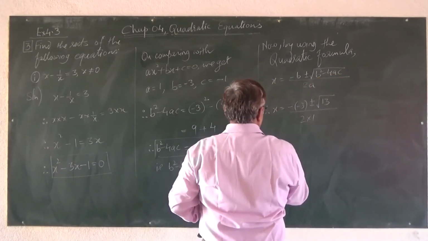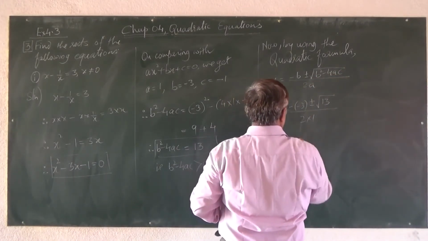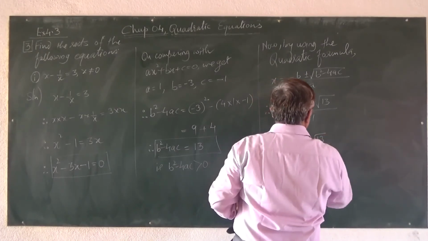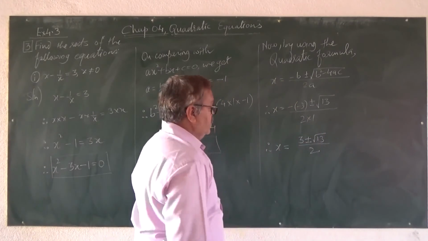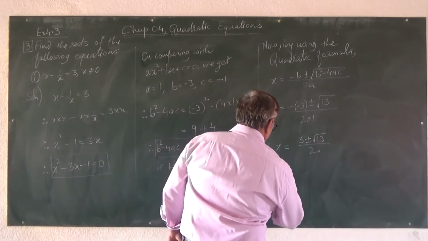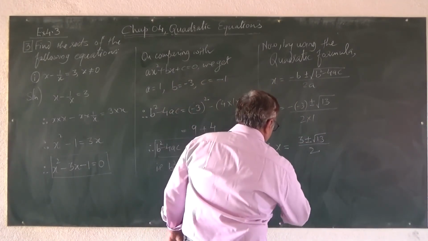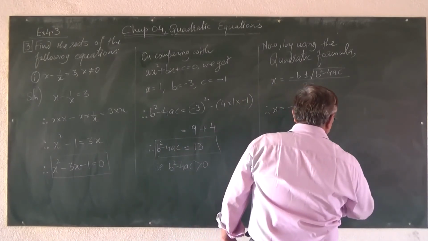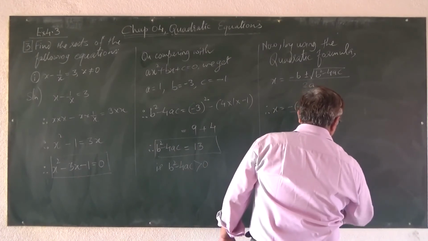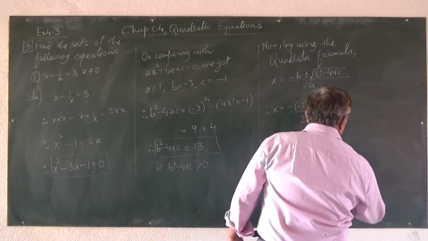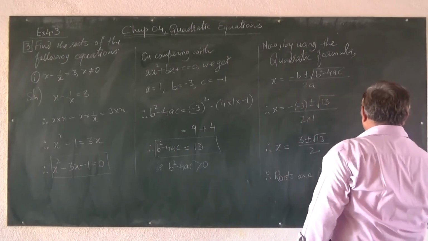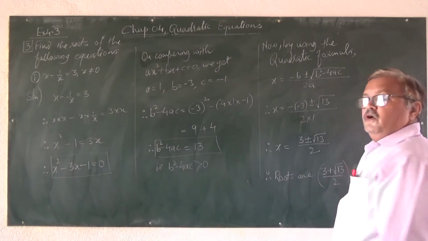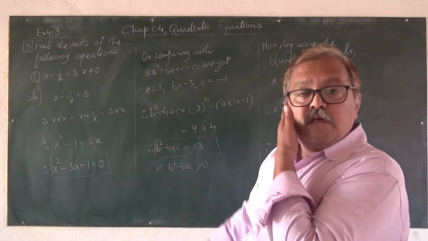Simplify: x is equal to minus into minus is plus 3 plus or minus root 13 upon 2. So the roots are 3 plus root 13 by 2 and 3 minus root 13 by 2. Okay, hope you have understood this example.